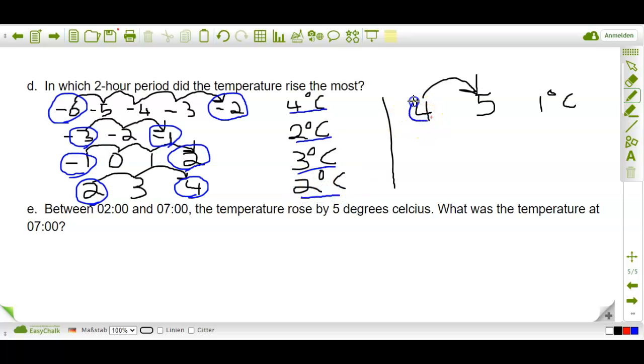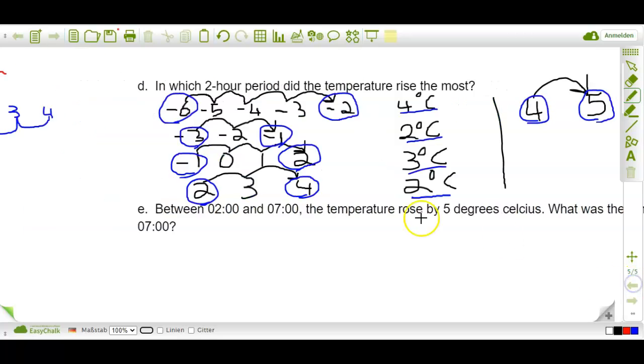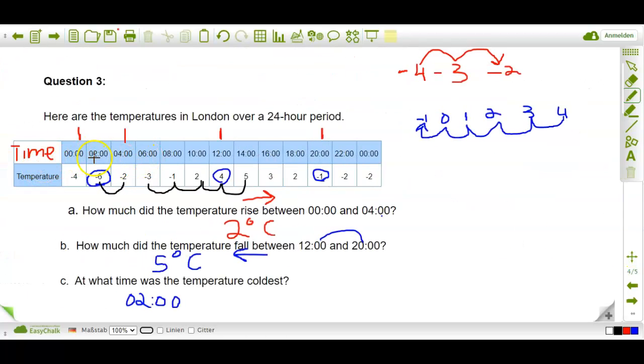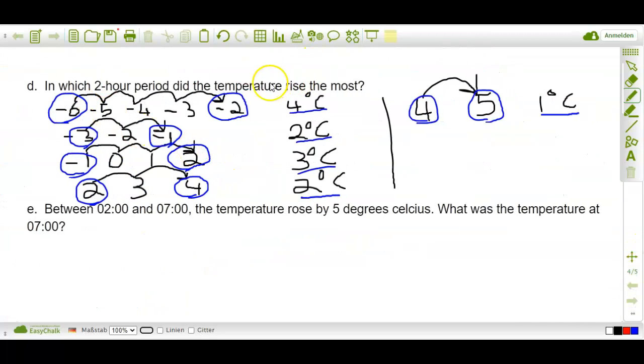And finally, between 4 and 5 degrees Celsius, you had a 1 degree Celsius rise. So the 2-hour period that had the highest temperature rise was -6 to -2. That's our answer.